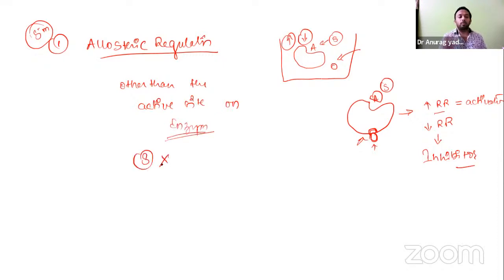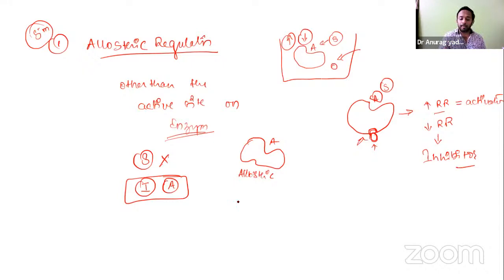No. To which a molecule will bind, either an inhibitor or an activator. They both can bind to the site which is other than the active site. This is the active site. This is the allosteric site. So at the allosteric site, the allosteric inhibitor or activator will bind.